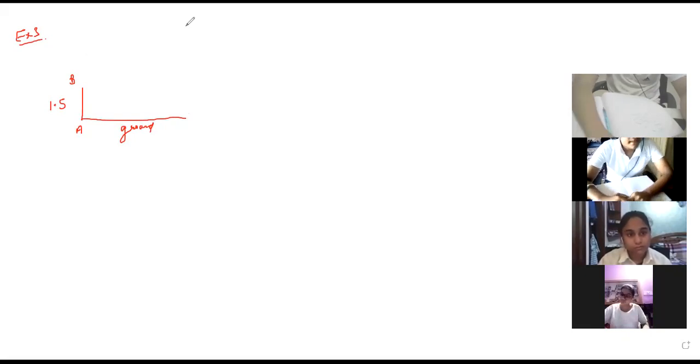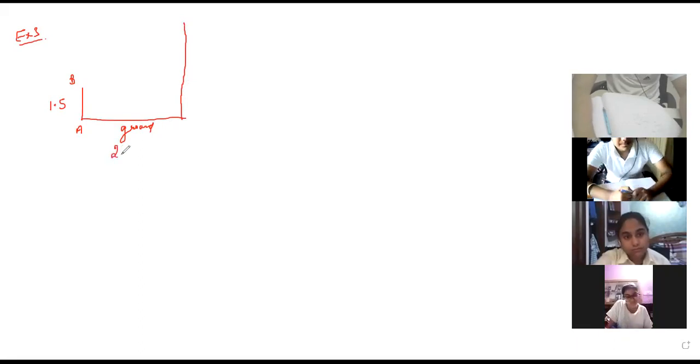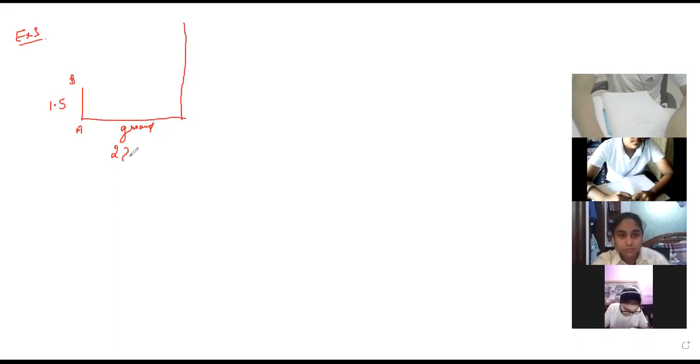So that means there is a chimney. Let the chimney be this. So it is 28.5 meter away.